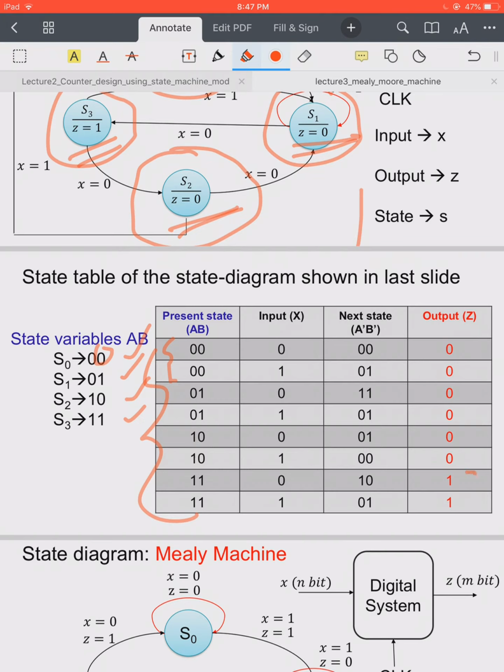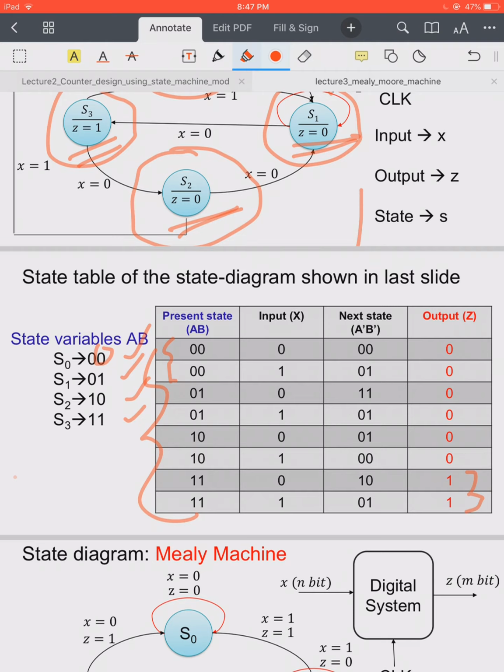The output is 1 when my present state is 1 1, meaning the state machine is residing in the S3 state. So how can I write the output? The output is very easy to define because it is a function of only the present state AB.